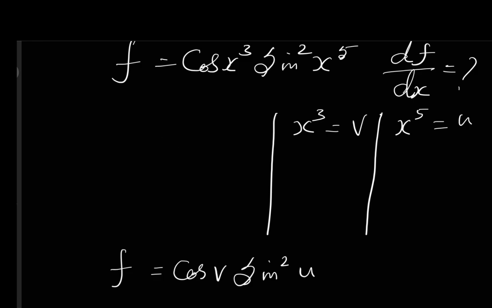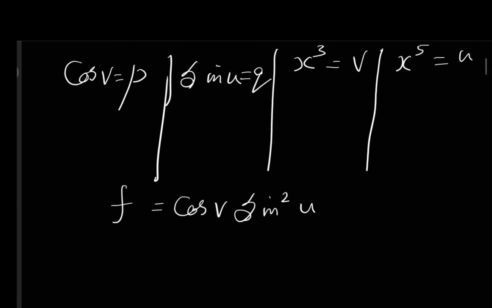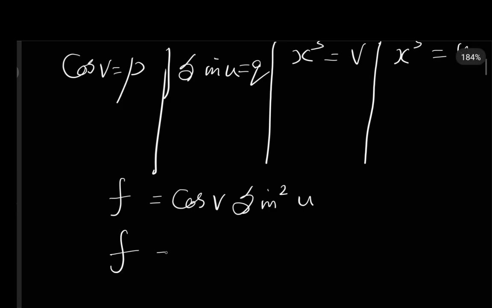Now again you have to make one substitution here. Take cos v as p, sin u as q. So again this f becomes the product of two functions, p into q. Since sin u is q, it is q squared.